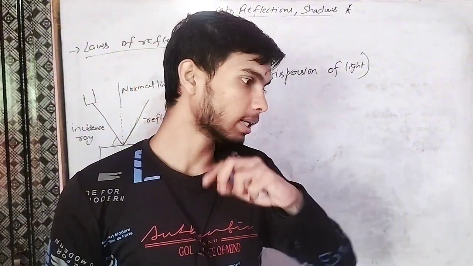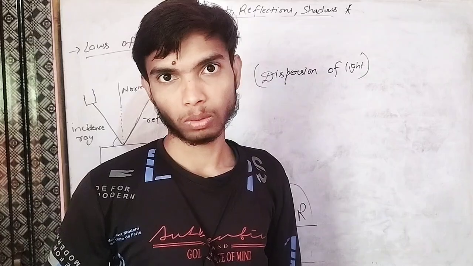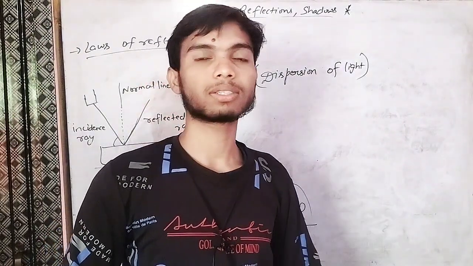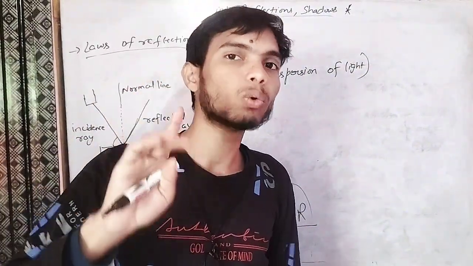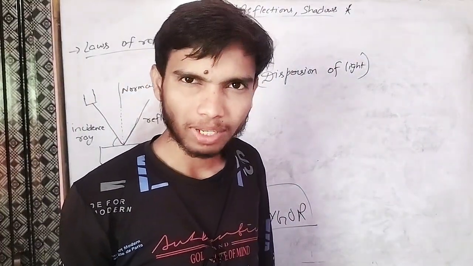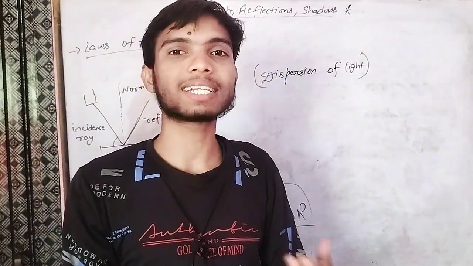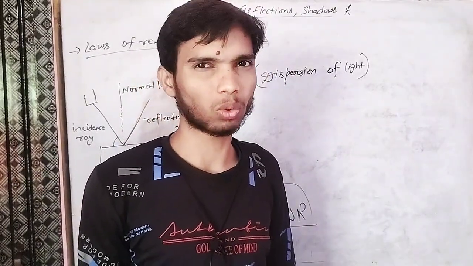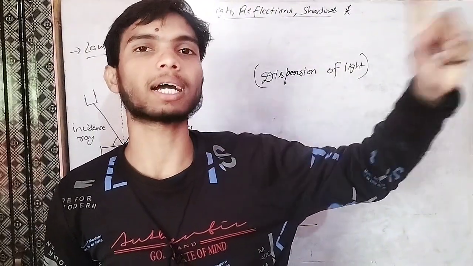Some lights get reflected into another direction. Sunlight already has all the colors, but because of the environment, only the red and orange light of the sunlight reaches the earth, because of the medium between the earth and the sun.